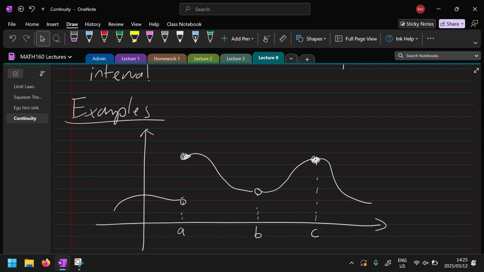Another way of describing A and B discontinuities. A is a jump discontinuity because the left and the right limit do not agree. It jumps from bottom to top. It is called a jump discontinuity. B is called a removable discontinuity.